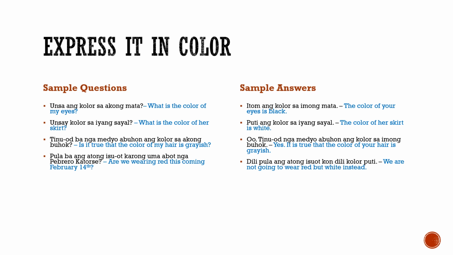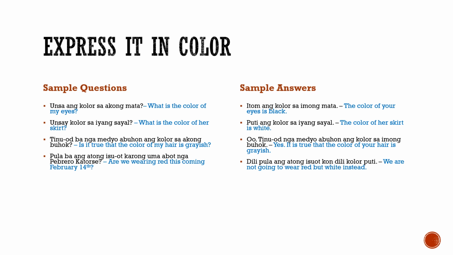And in this case, we have a date. So that's Pebrero 14, or that's February 14th. So the question here, when we translate that, that's basically asking, are we wearing red this coming February 14th? Umaabot. Abot is to arrive. So umaabot, it is still bound to arrive, or in other words, it's coming.